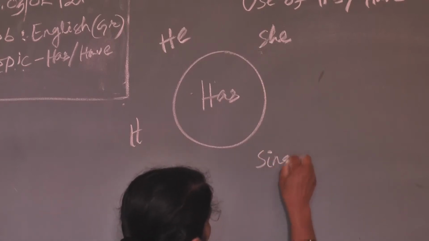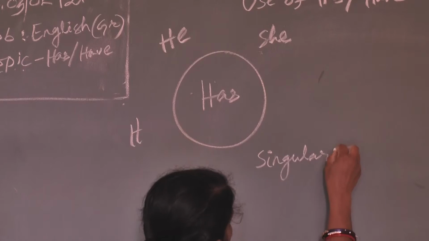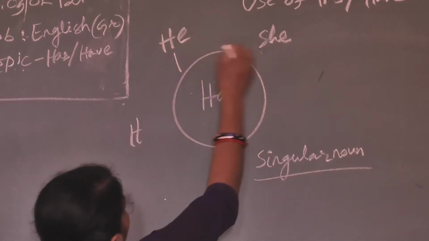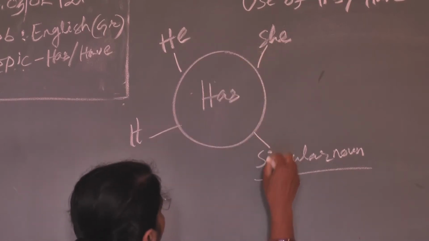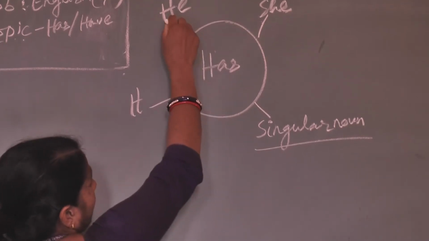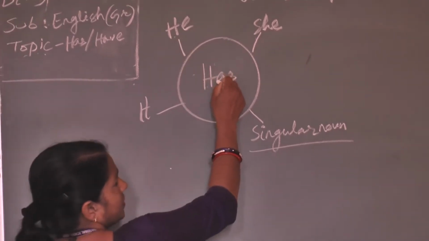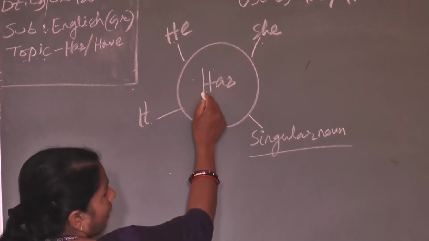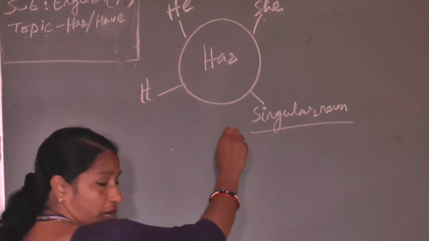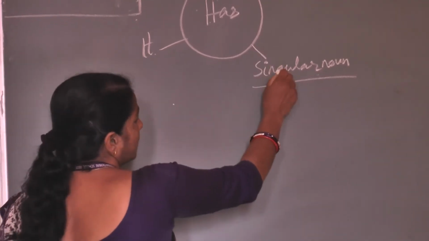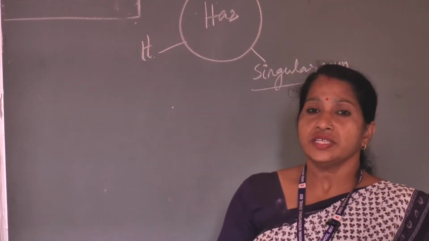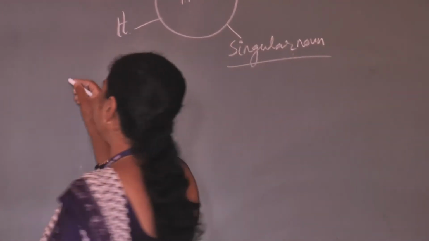Here another singular noun. Repeat with me, children. He has, she has, it has, and here singular noun. We also use has with a singular noun. Now see here some examples.